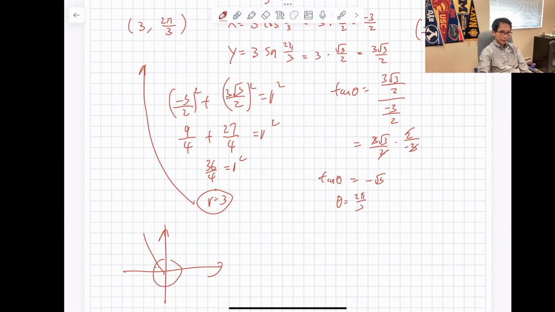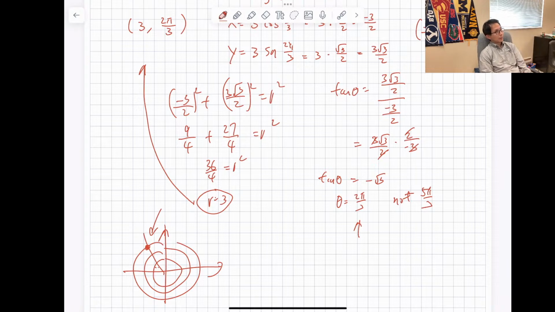So we know it's the second quadrant. So theta has to be 2 pi over 3 and not 5 pi over 3, because we would be in the wrong quadrant. Now it can be 5 pi over 3 if you have negative r, which is negative 3, rather than positive 3. So this one is going to be 3, 2 pi over 3, and that's going to give me the same answer.